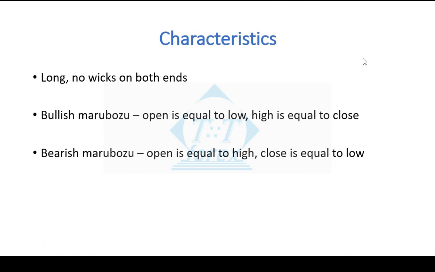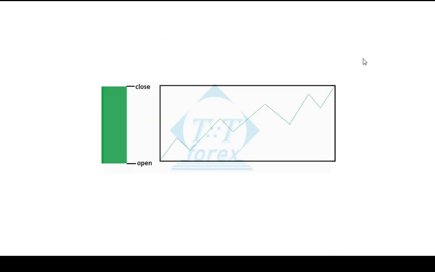The opposite is true for a bearish marubozu. The open is equal to the high, and the close is equal to the low of the candle. That's self-explanatory. So what you're going to see on a marubozu candlestick is something that resembles this box.